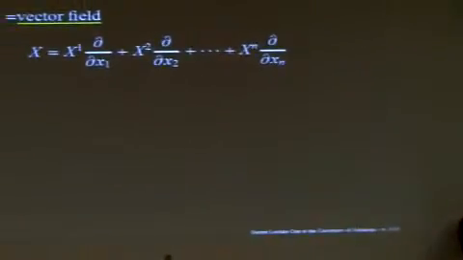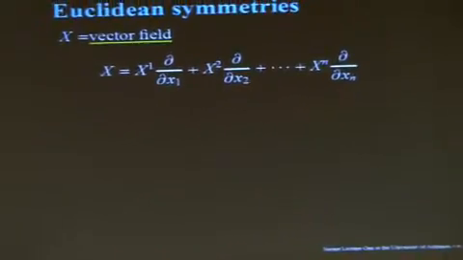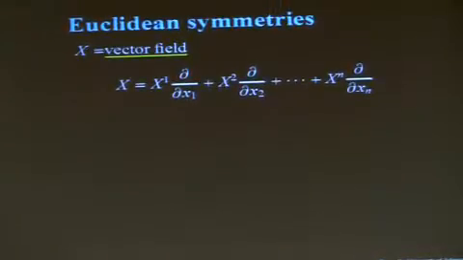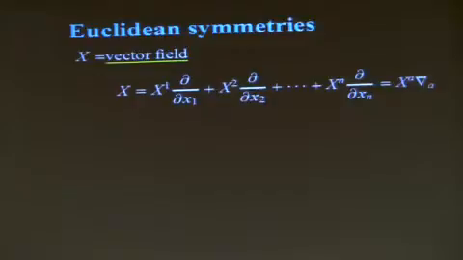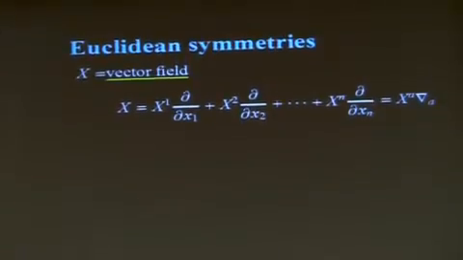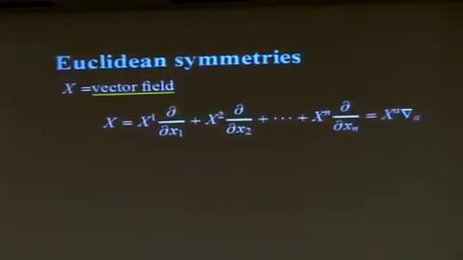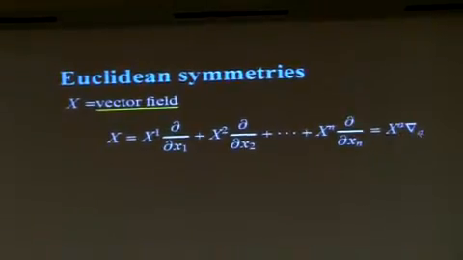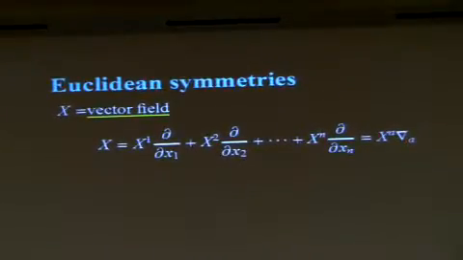Well, what you could do is take a vector field. There's my notation for a vector field. These are the usual coordinates on R^n, and this is the flat connection on R^n, if you like.